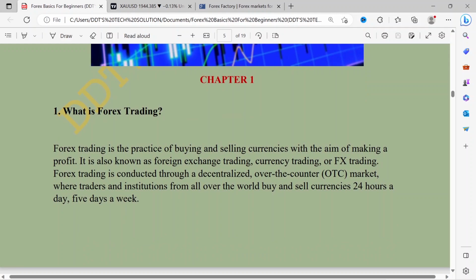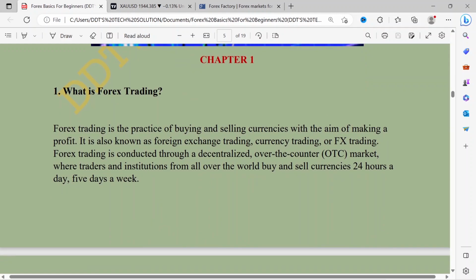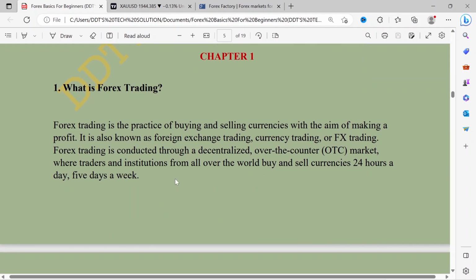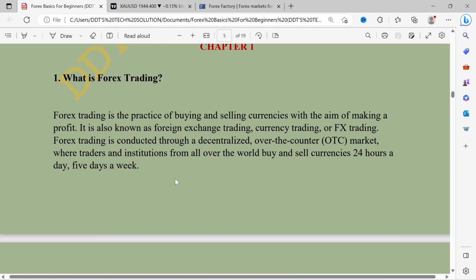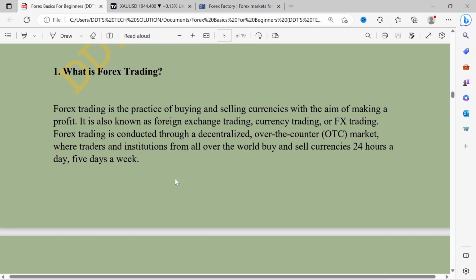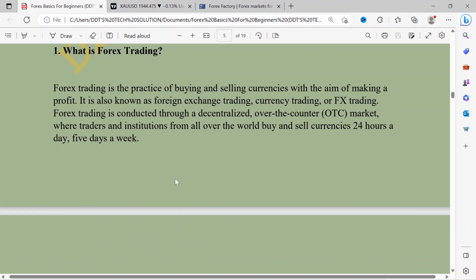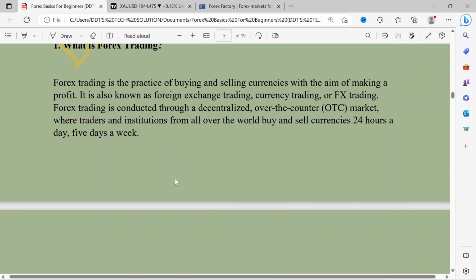Okay, so now what is forex trading all about? Forex trading is just the activity of buying and selling of currencies, which aims at making profit. So just selling and buying of currency, it could be gold for US dollar, euro for Japanese yen.